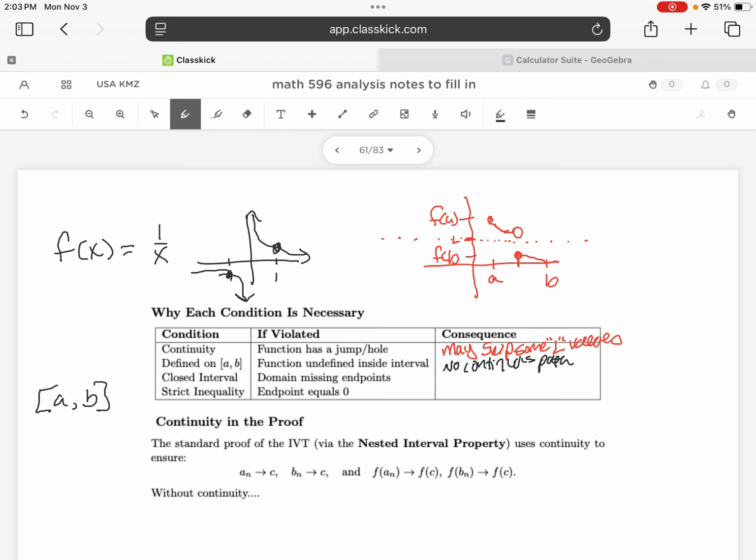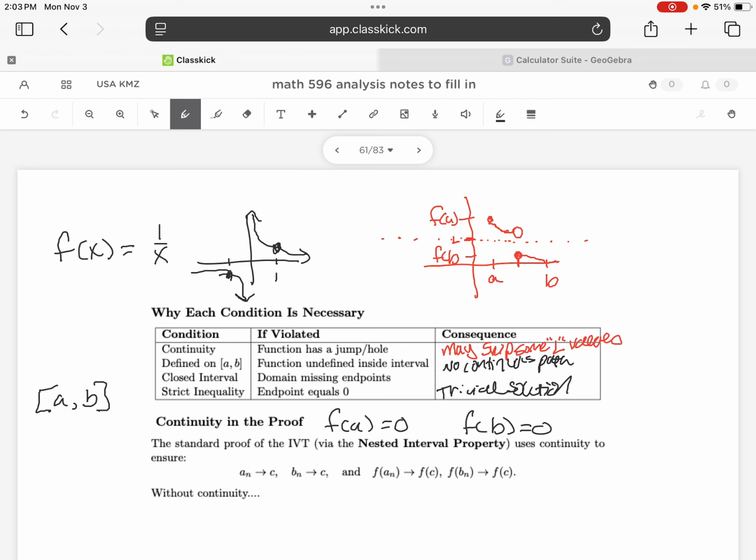And for a strict inequality, you could end up having sort of a trivial solution here. Right, if you allowed for f of a to be equal to 0 or f of b to be equal to 0, then you already have a trivial solution.